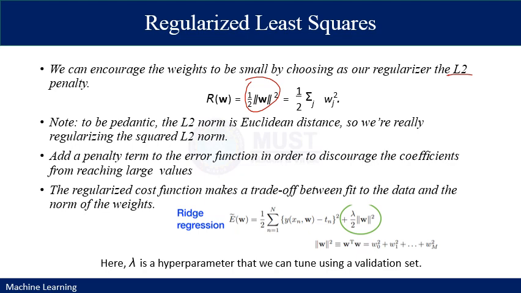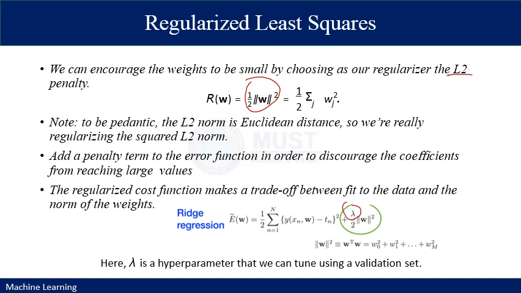Again, the hyperparameter controls how much you regularize. So the regularized cost function makes a trade-off between fit to the data and the norms of the weights. Again, you can choose a very precise learning rate, and this is a hyperparameter that you can tune using the validation set.